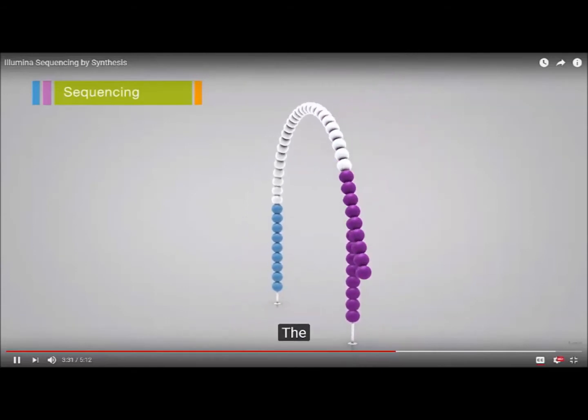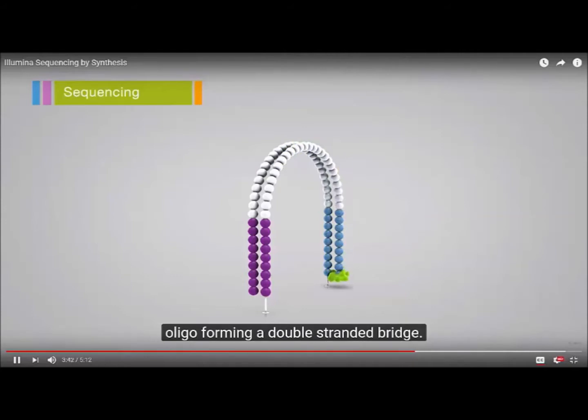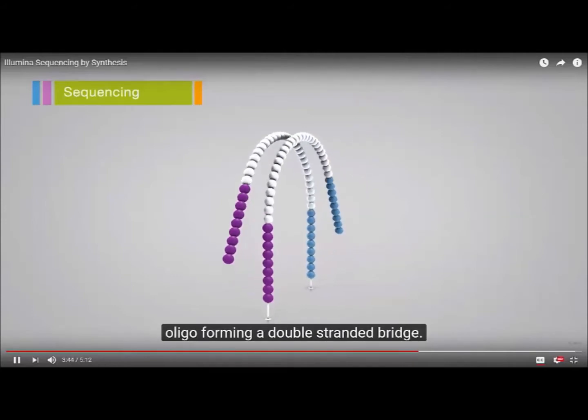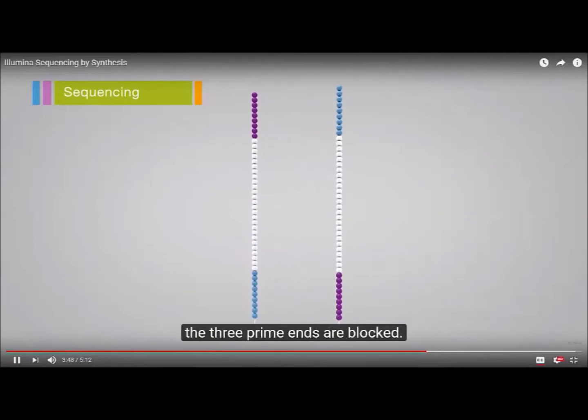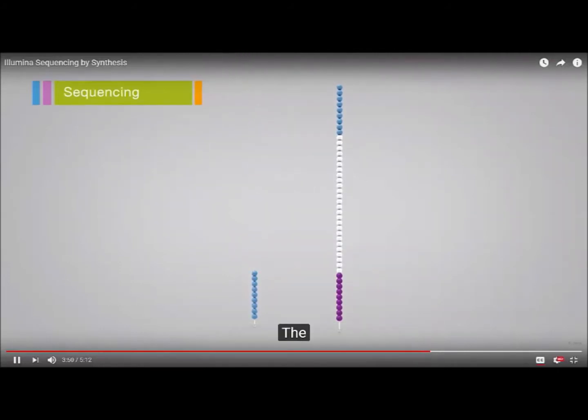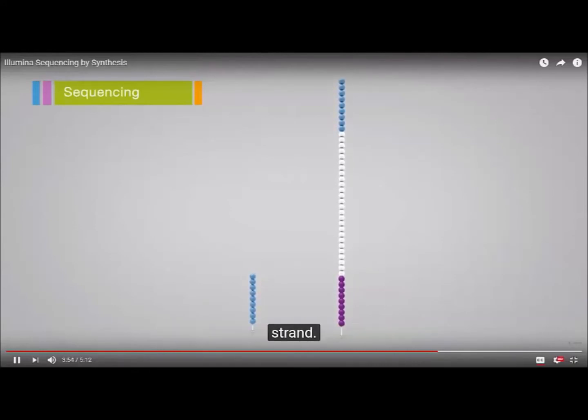The template now folds over and binds the second oligo on the flow cell. Index 2 is read in the same manner as Index 1. Polymerases extend the second flow cell oligo, forming a double-stranded bridge. This double-stranded DNA is then linearized and the 3' ends are blocked. The original forward strand is cleaved off and washed away, leaving only the reverse strand.